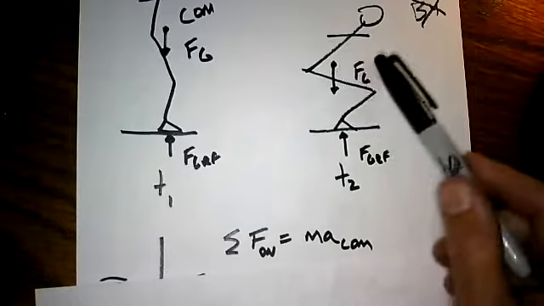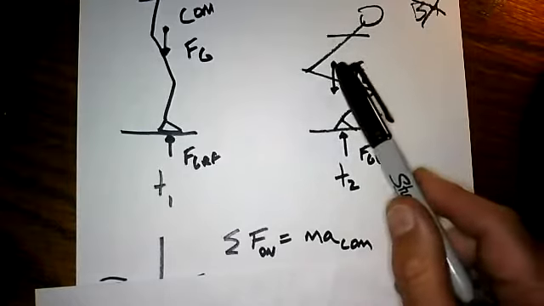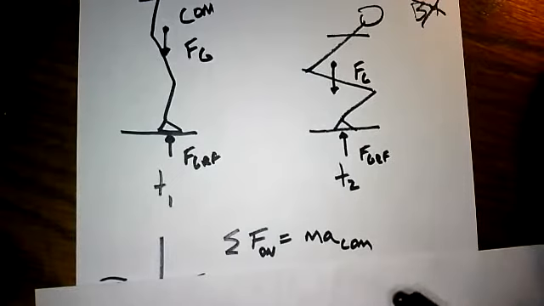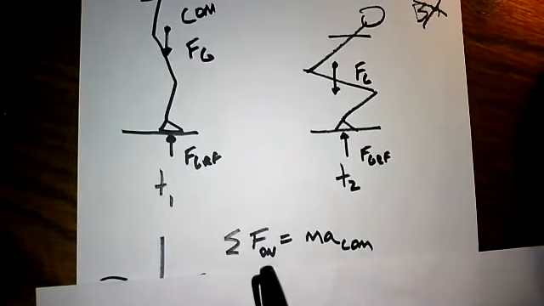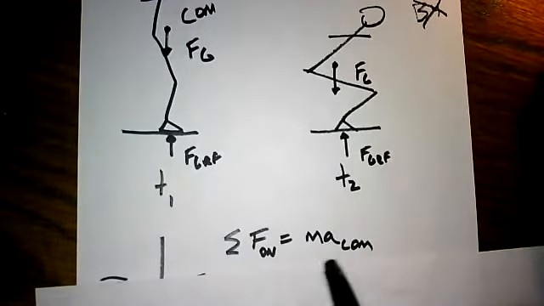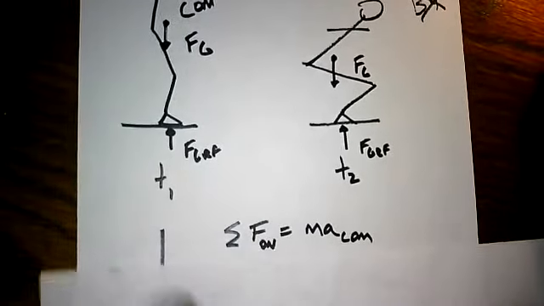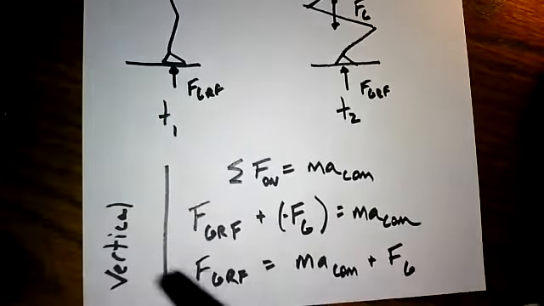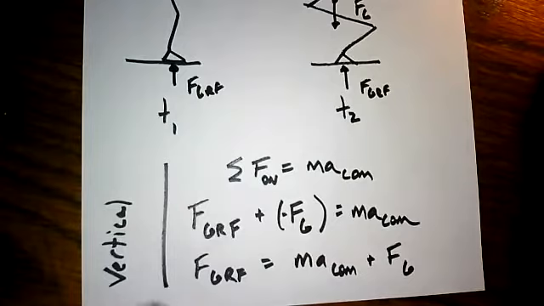I'm looking collectively at the center of mass, how that is moving during this task. I'll jump ahead, only considering the vertical movement here. I'm not concerning myself with the horizontal movement.